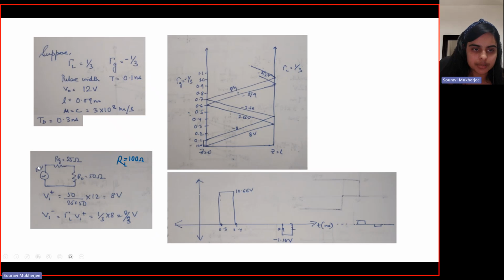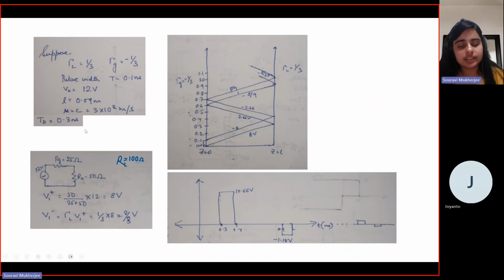You have a 12-volt supply and these two resistances. As we had done in the previous mini questions, the voltage will get divided based on these resistances. So the voltage at this end is 50 by 75 into 12, that is 8 volt. This is the voltage at the generator end.